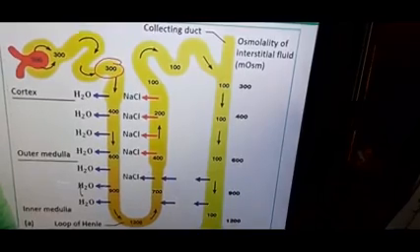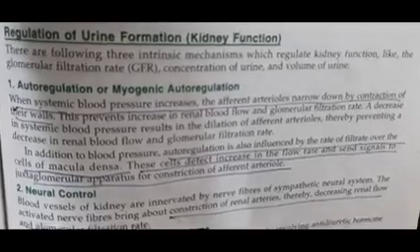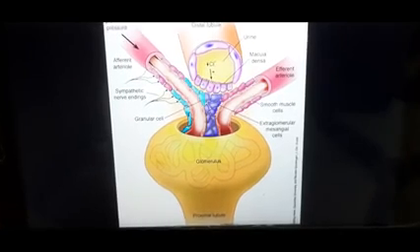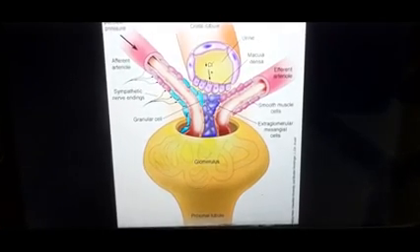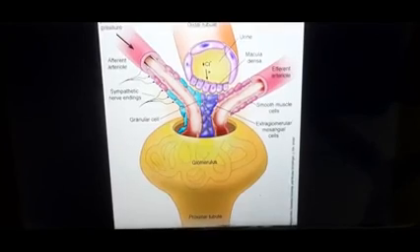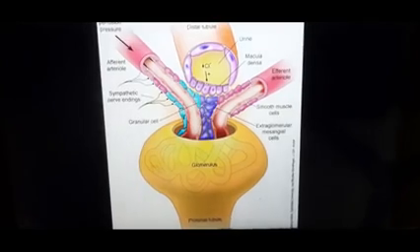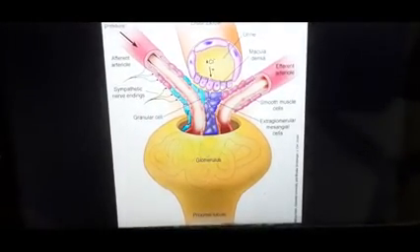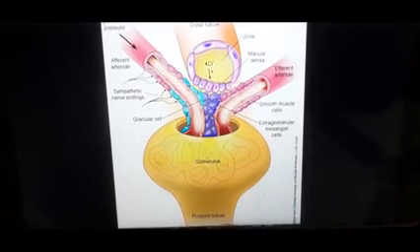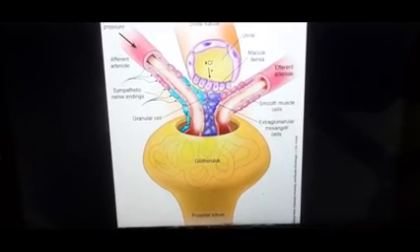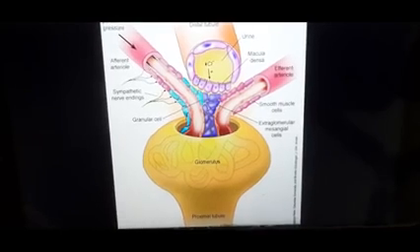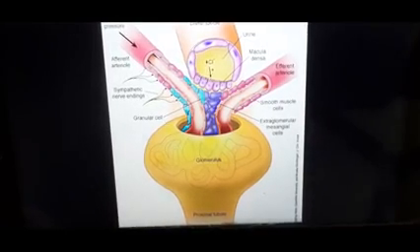Now we will be studying about the renin-angiotensin mechanism of control of urine volume regulation. Now, urine volume regulation we have studied about control by ADH hormone.